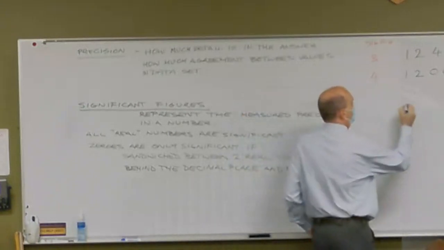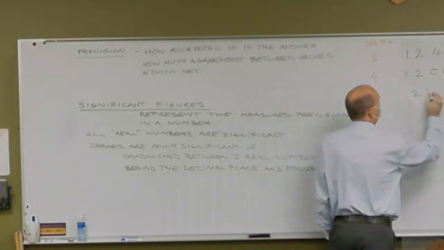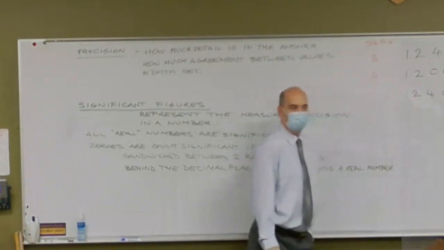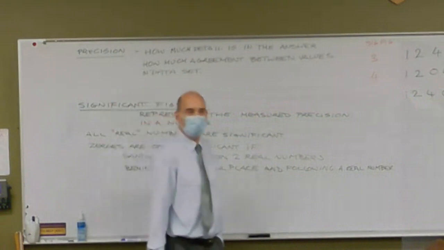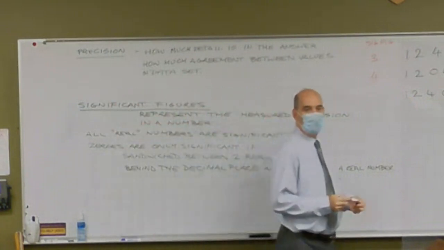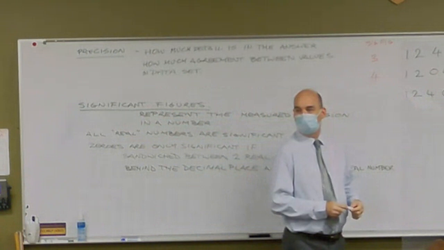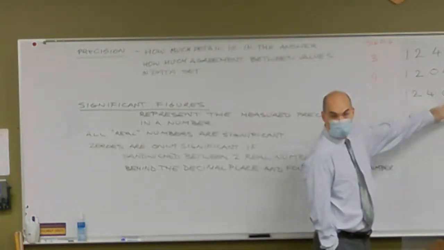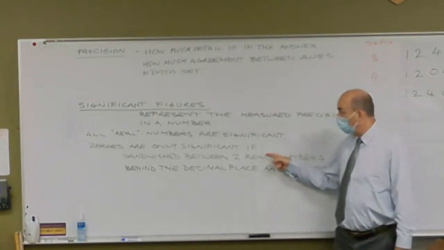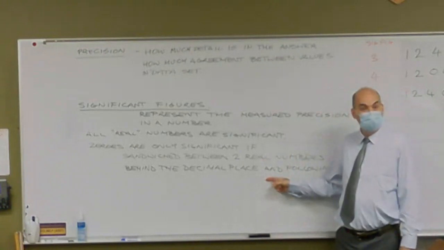If I rearrange these numbers, have I changed the impact on my precision? Yes, I have. Because this 0 now does not fit either of these two descriptions.